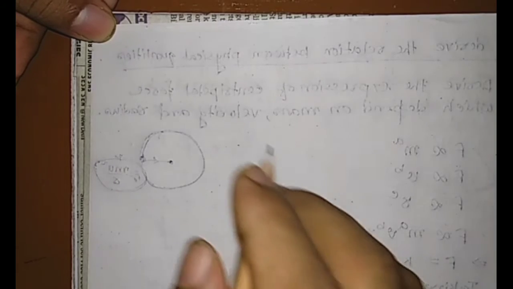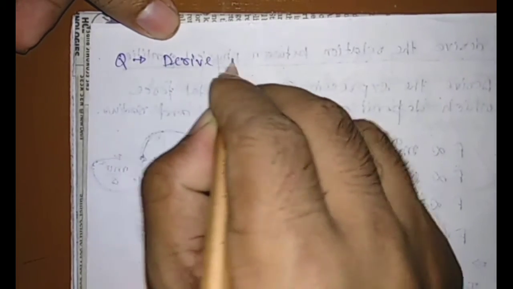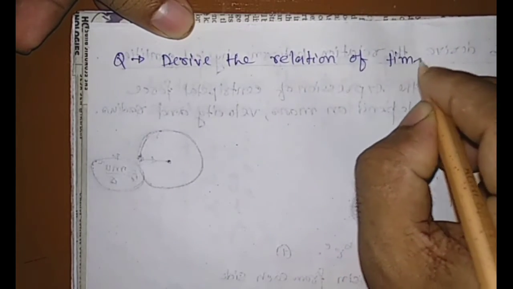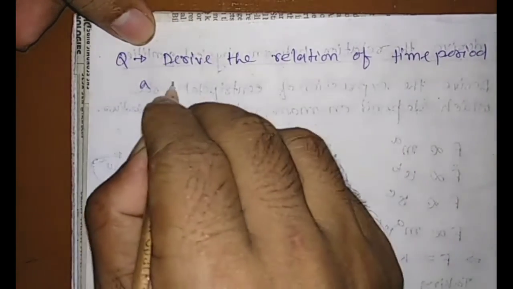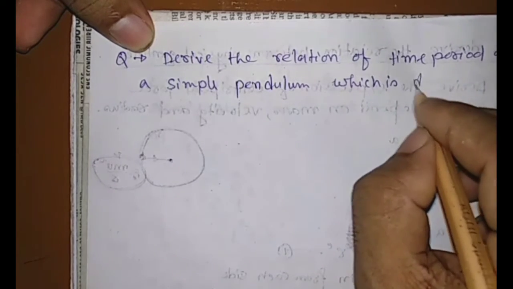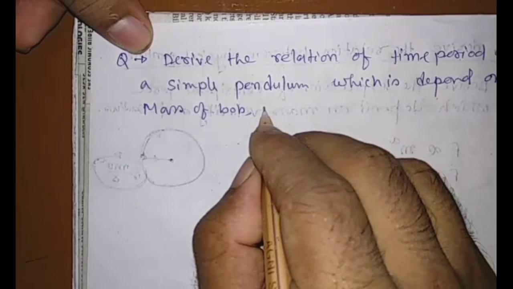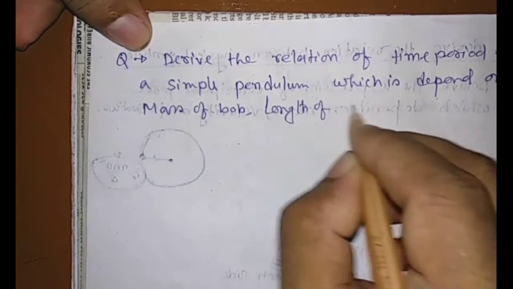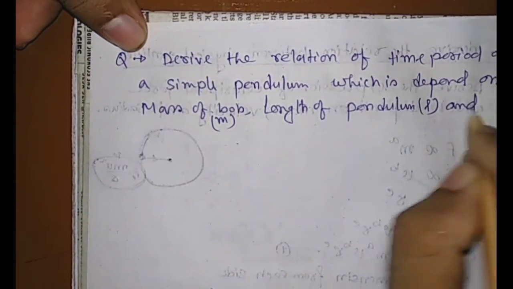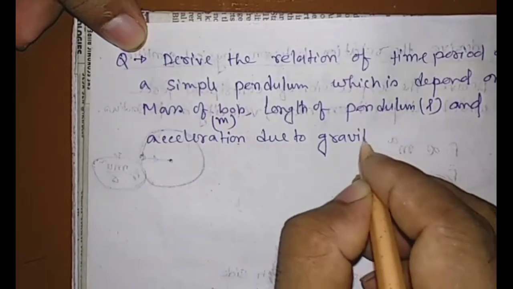Okay, another example is: derive the relation for the time period of a simple pendulum, which depends on the mass of the bob m, the length of the pendulum L, and the acceleration due to gravity.